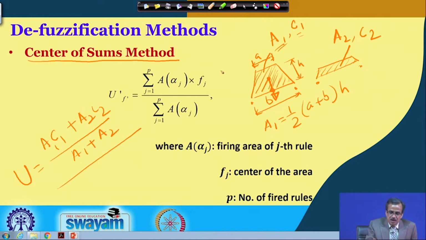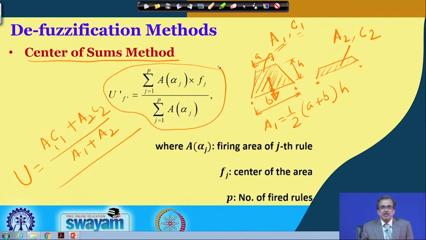Now, here in this mathematical formulation, in this formula form, actually I have used slightly different notations. It indicates the crisp value, that is U prime, which is nothing but summation j equals 1 to p of A alpha j multiplied by F j, divided by summation j equals 1 to p of A alpha j.